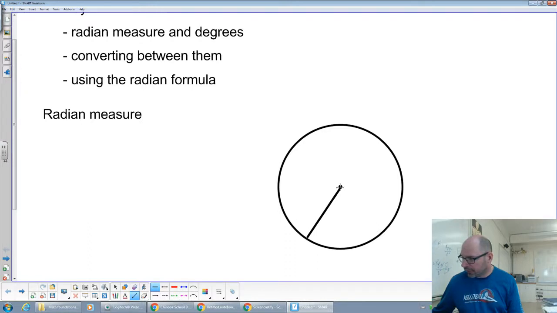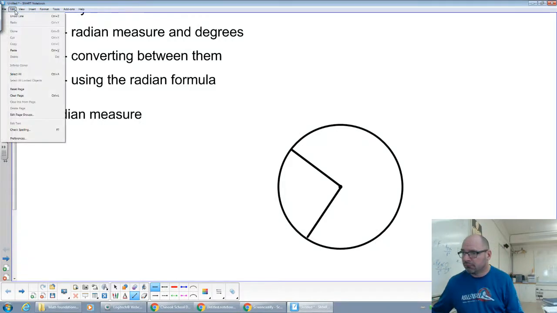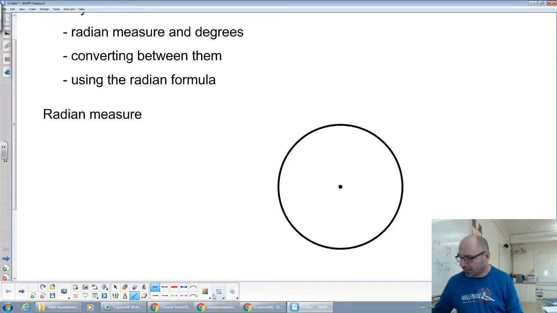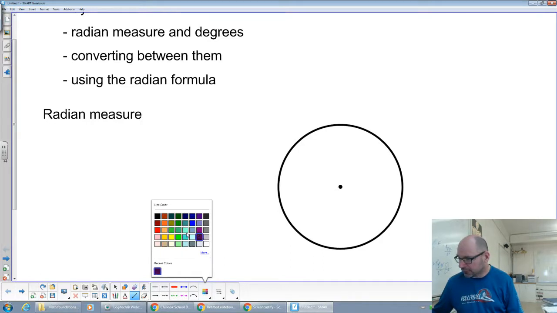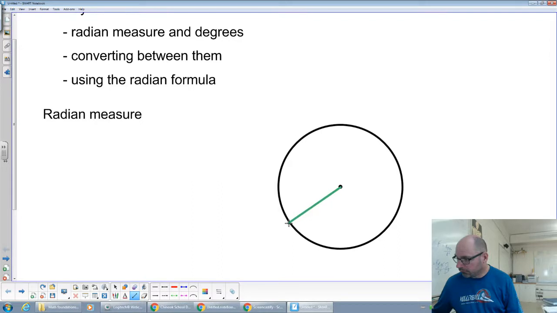Okay, there and there. Let's do that line in a different color so that we can see the difference. Okay, there's that line there, and there's that line there.